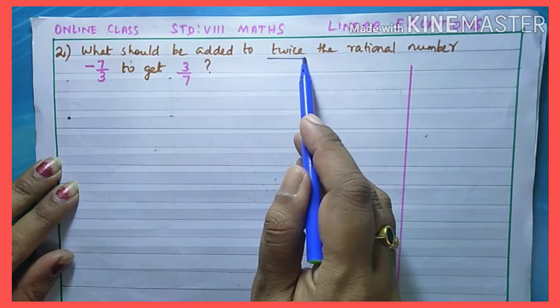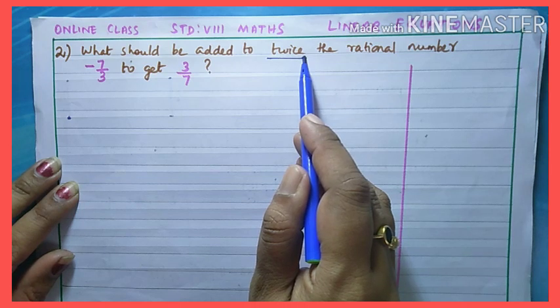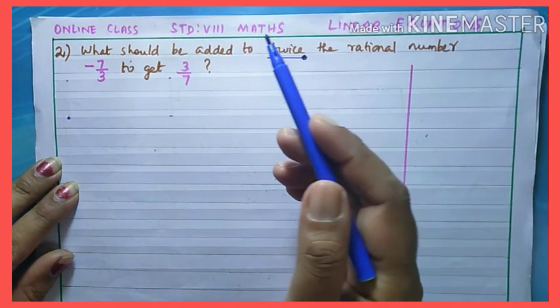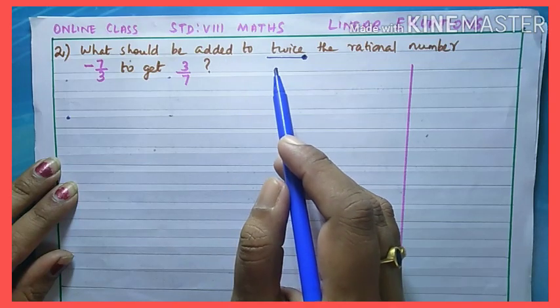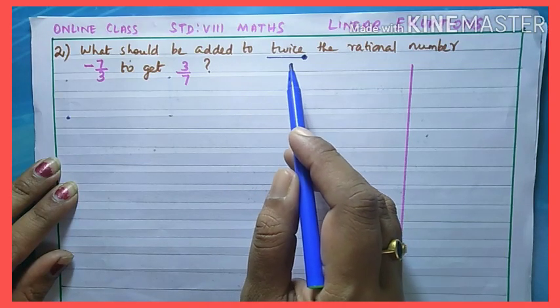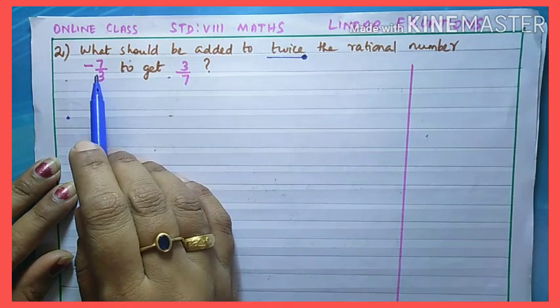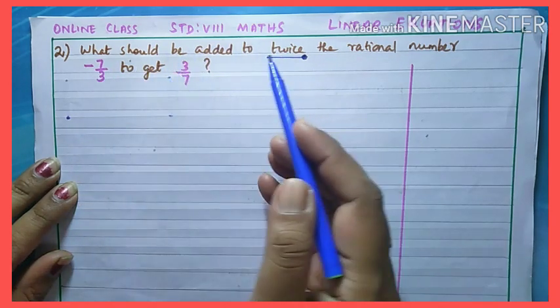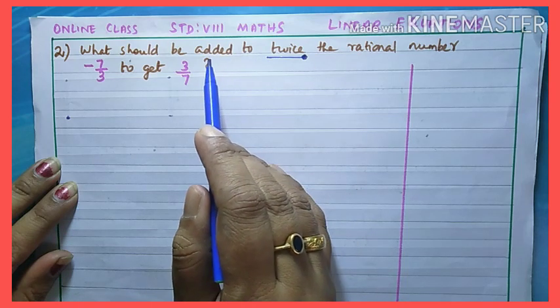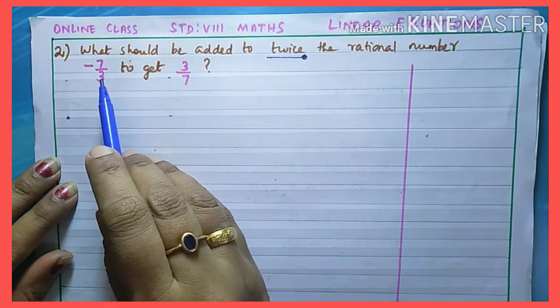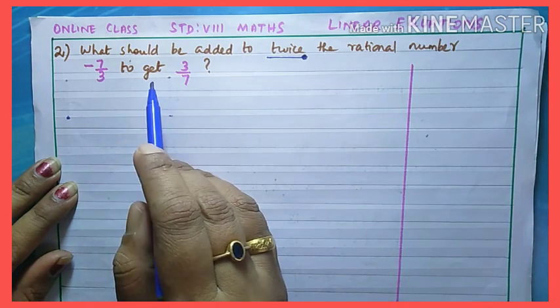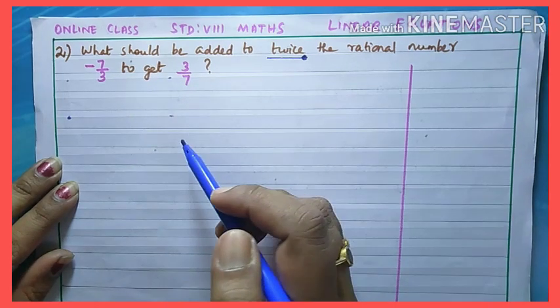Twice means the double. When you are finding the double of a number, what you will do? Multiply by 2, correct? Or you can add one more time, but usually we multiply into 2 will give the twice. So here twice the rational number of this, what should be added, which number we want to add to the twice of this number, so that we will get the answer 3 by 7.